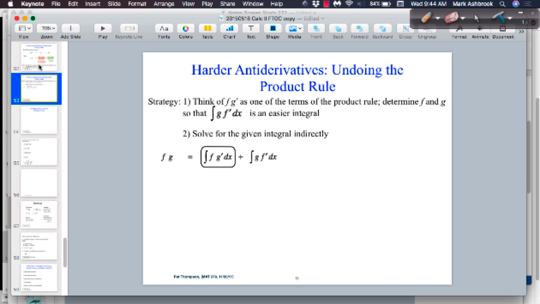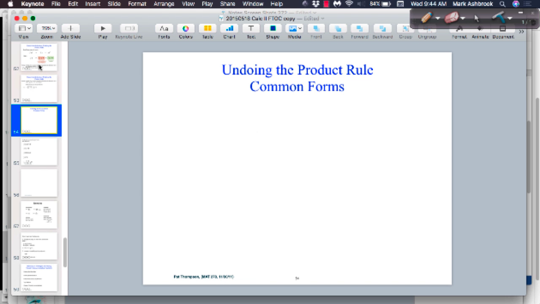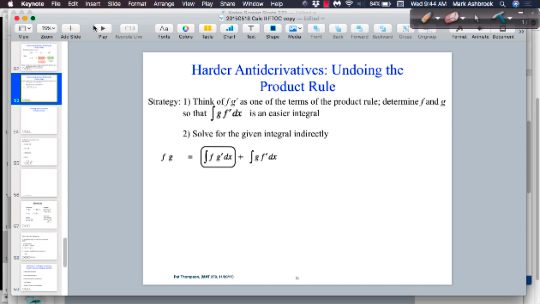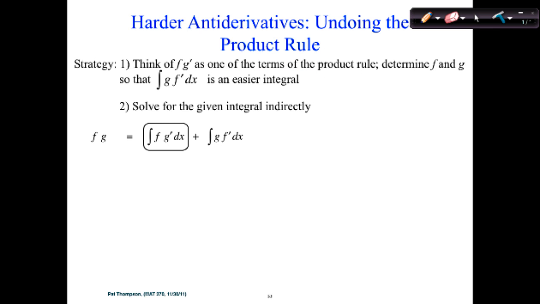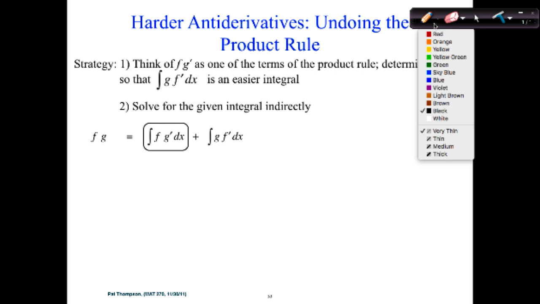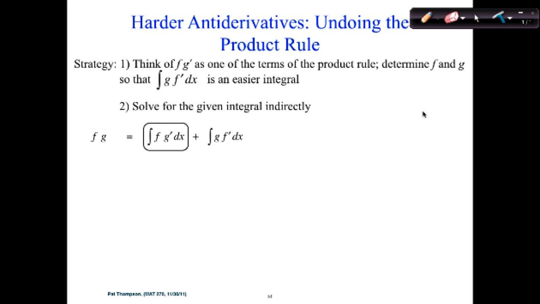So let's look at this. For undoing the product rule, a really common type of problem involves the natural log of x.